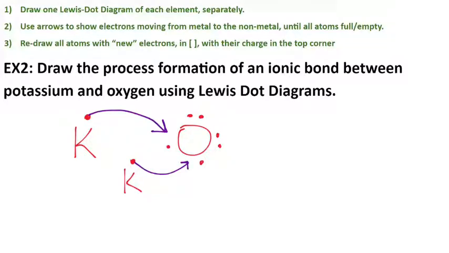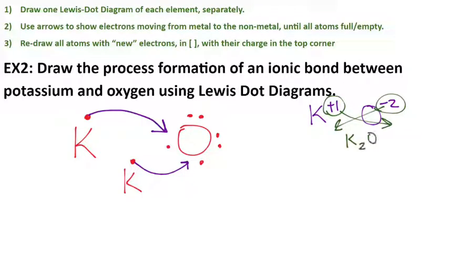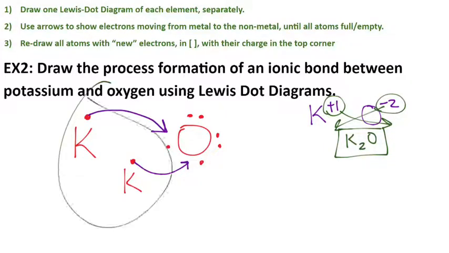And this is where I had said before that in that first step, or before you started moving arrows and electrons around, you could write the formula. If I checked the formula, and in order to write this we would have to find our symbols and charges and then cross, drop, reduce, then I would have already known that the formula for potassium oxide is K2O, which reinforces why I've got to have two Ks here in order to get oxygen all full and happy with its 8 valence electrons.